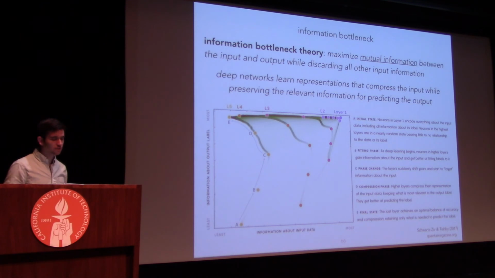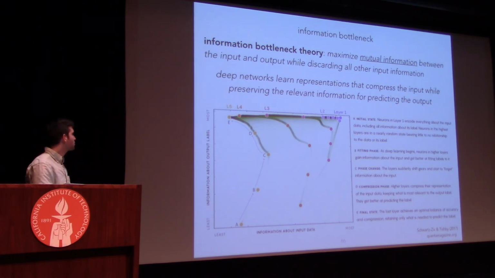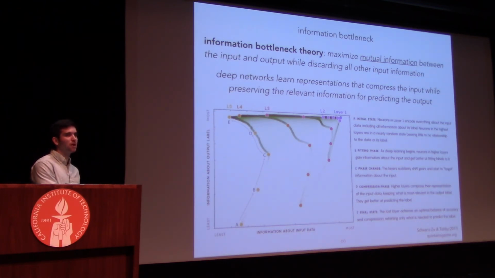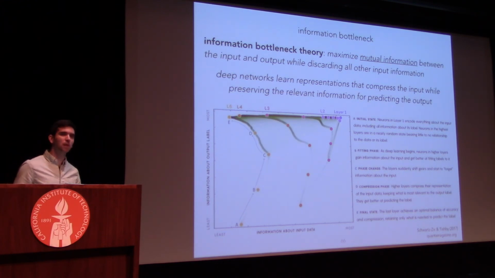The third layer, in this pinkish color, does the same. It slowly gets more and more information about the label, and as it goes toward the left, it starts to lose information about the input. And finally, you see these last two layers are just totally trying to get more information about the label and discard information about the input. So this is at least one theory that's out there, and it remains to be seen whether this can really be validated in more complicated networks. It's difficult to do these analyses, but it's an exciting idea and hopefully one that leads to more insights.